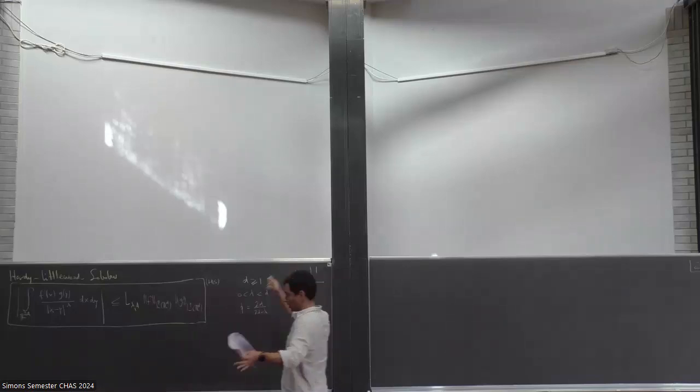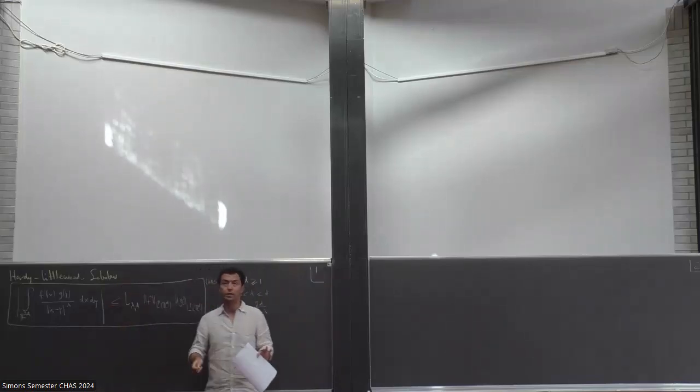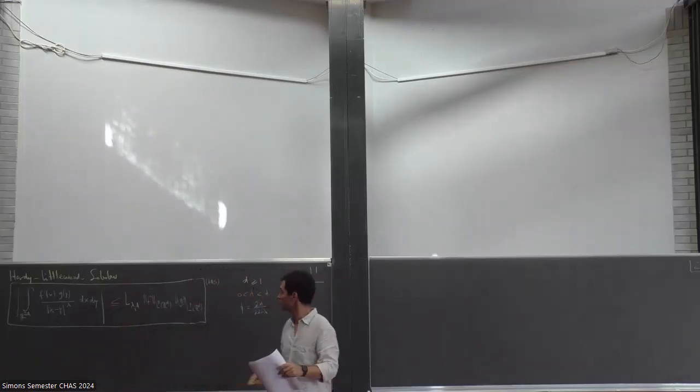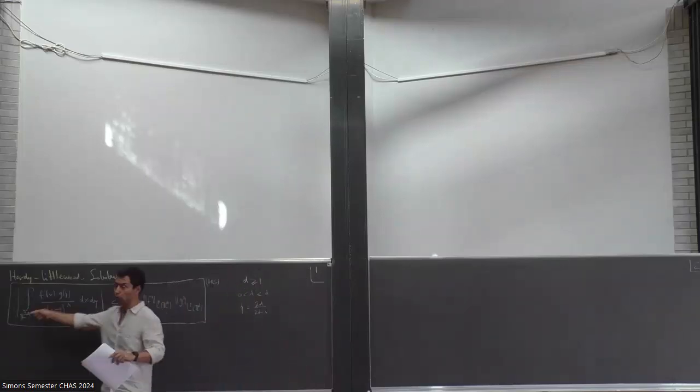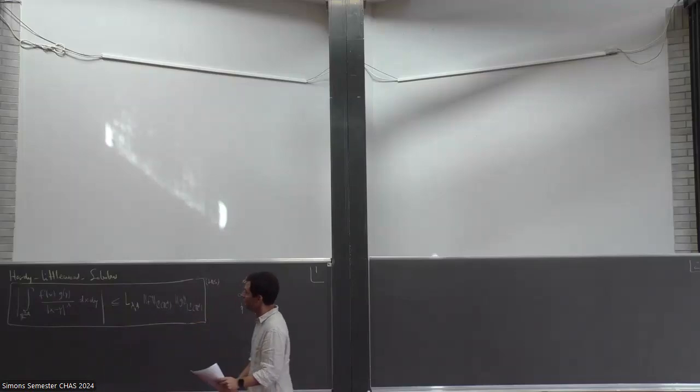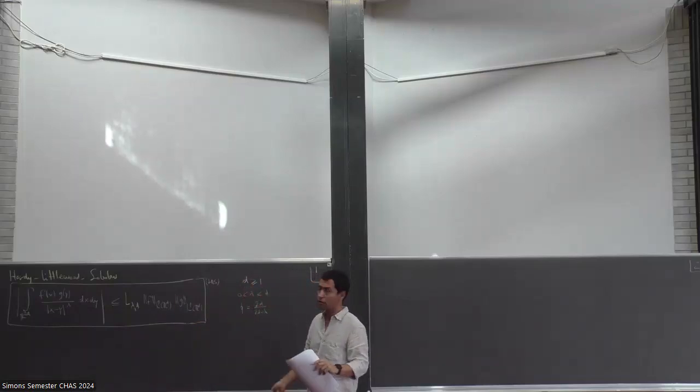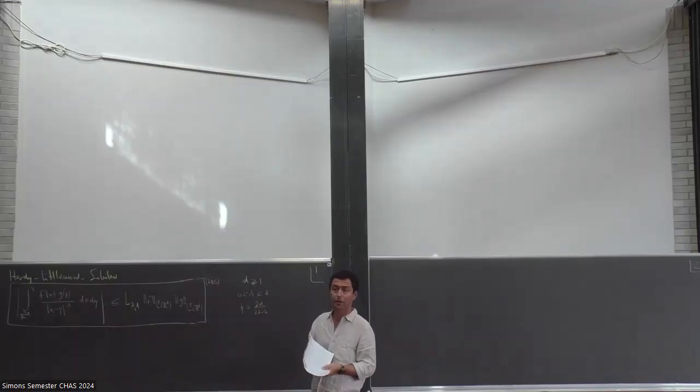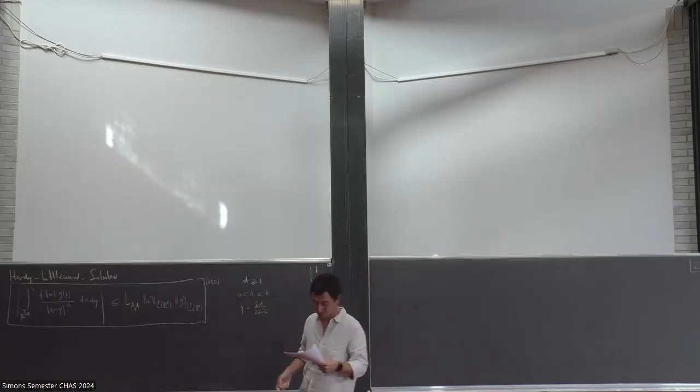And so if you are not concerned about the sharp constant, you can prove this in many different ways. You can break it up into two pieces, a small ball and the complement of the ball, and use Hölder in one region with the L^p bounds of the Hardy-Littlewood maximal function in the other region, but that's not going to give you the sharp constant.